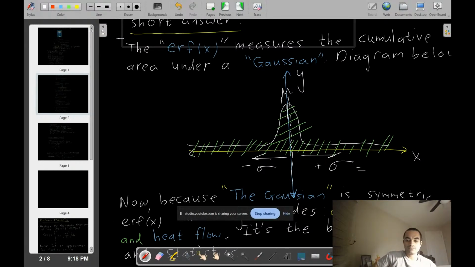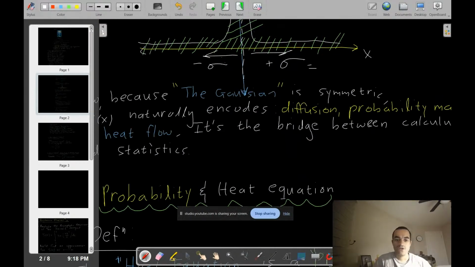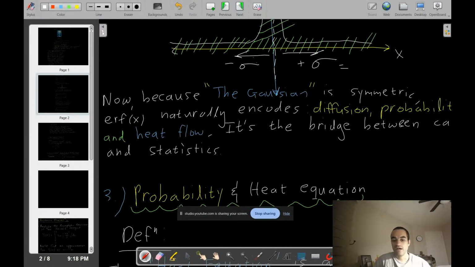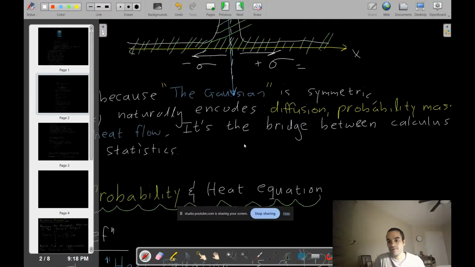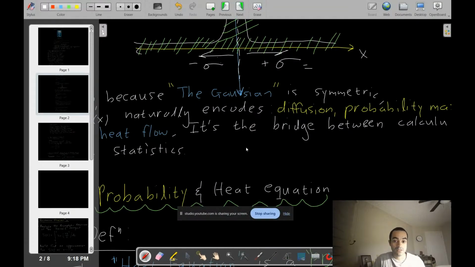Okay. So as I mentioned, the Gaussian is a symmetric function, a symmetric error function actually. As I mentioned in the simulation, you can see that there's a relationship between the Gaussian and the error function. And the applications for this, it's really interesting, has to do with probability.